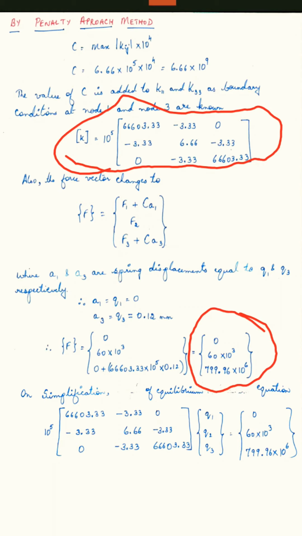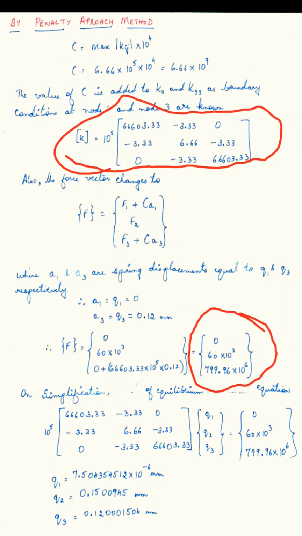So with this we will calculate the values of Q1, Q2 and Q3, and that will be equal to 7.50435512 into 10 to the power of minus 6 millimeters, 0.1500945 millimeter, and 0.12001504 millimeter. You may have a doubt now, since node 1 is fixed, how come it is having a value?